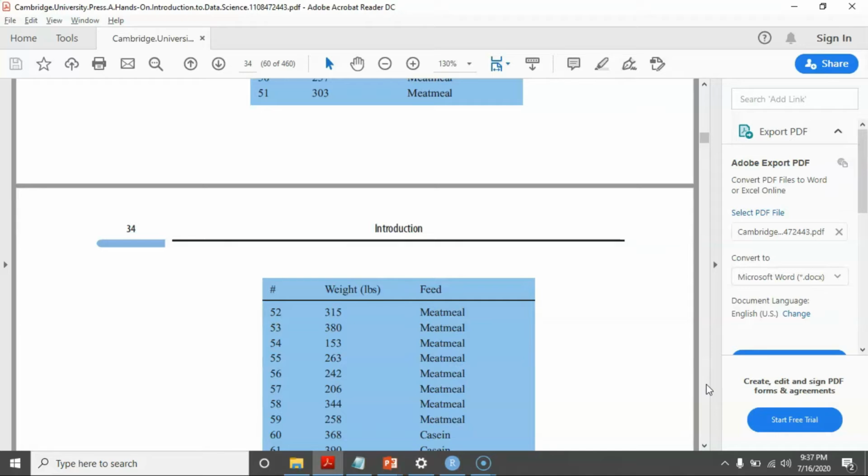So we already have data collected, by feeding different types of feed and measuring the weight of the corresponding chicken. Okay, but now we want to find out which feed grows healthier chicken.